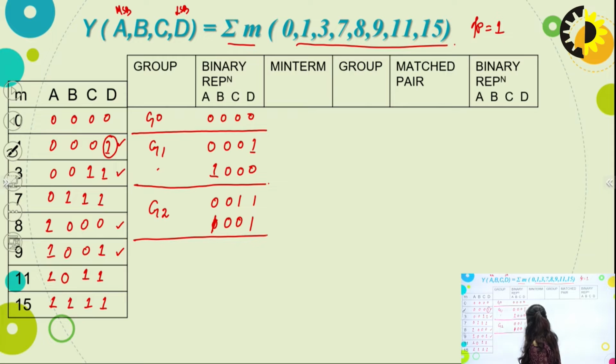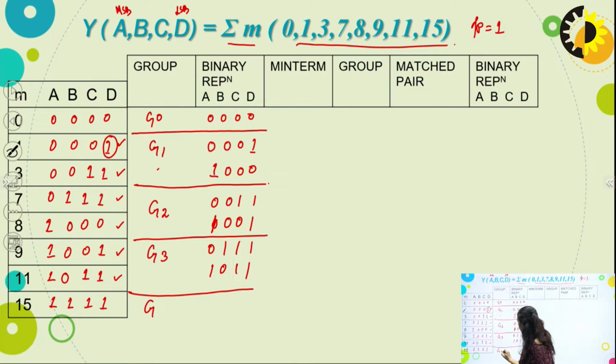We have this group 2. Then group 3 will contain the number of 1s equal to 3 in any min term. So we have this 7, 0, 1, 1, 1, and 11, 1, 0, 1, 1, and lastly I have group 4, which has the number of 1s equal to 4, right?